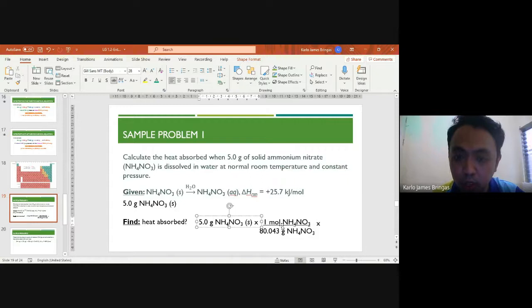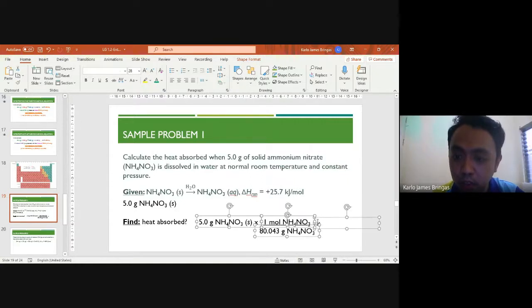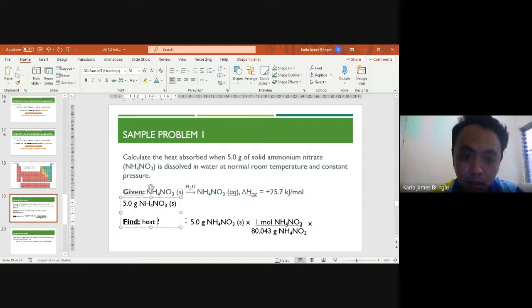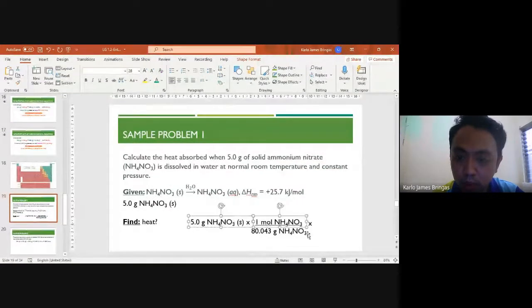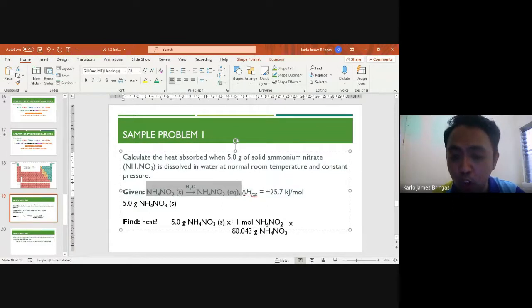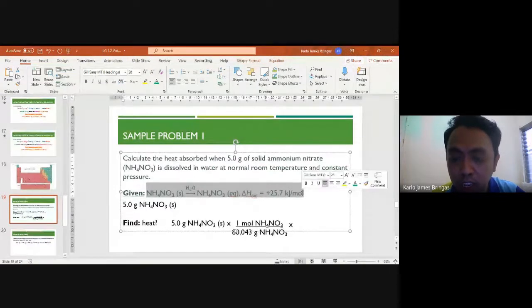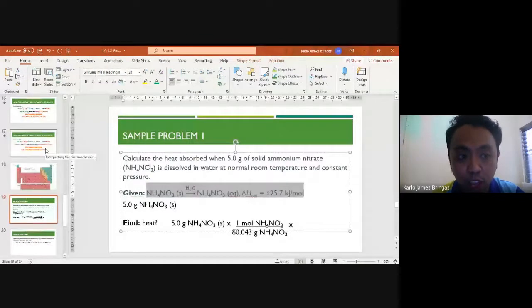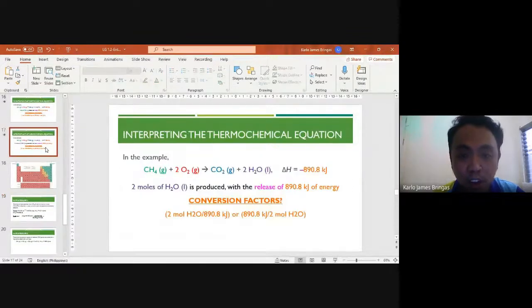So let me move this one to the side so that there's space. Okay, moving that. So looking at this thermochemical equation, we can now try to see ano bang conversion factors ang posible dito. So again, let me hear from you guys. Based on this equation, what conversion factor can we write? So something similar to what we've done earlier.